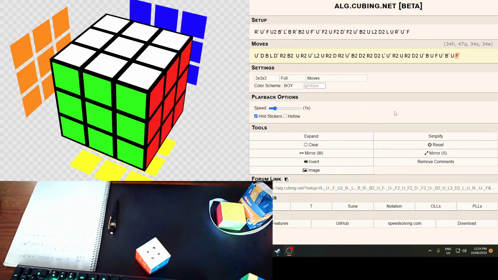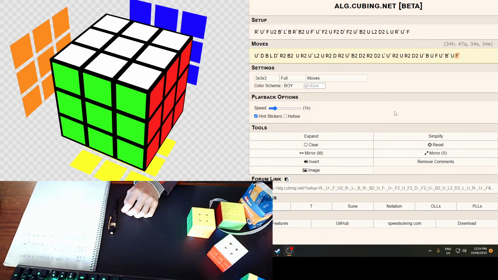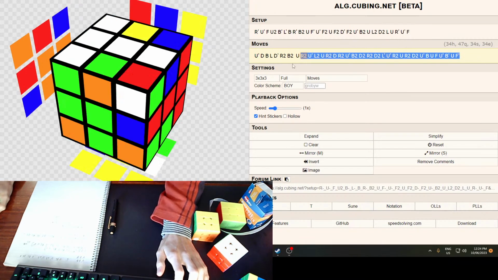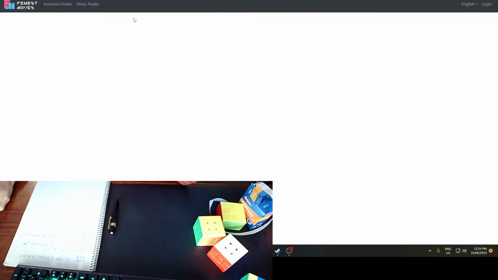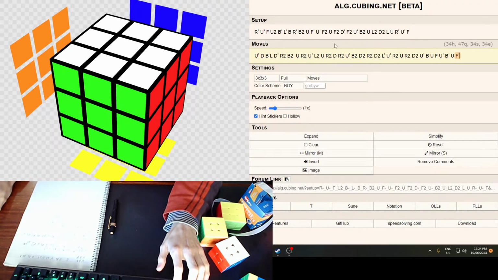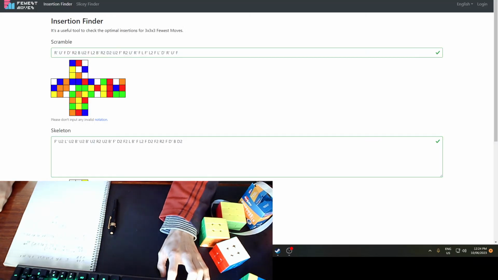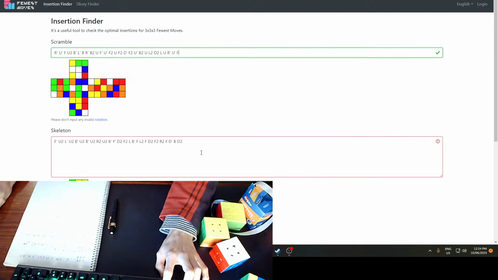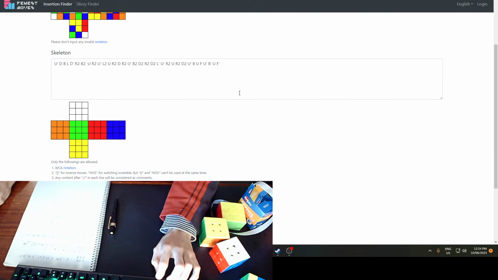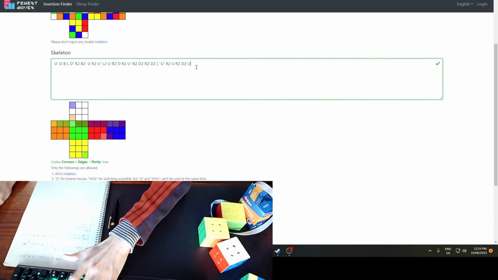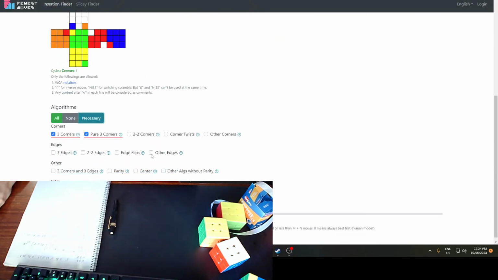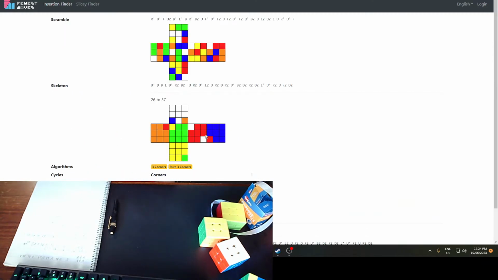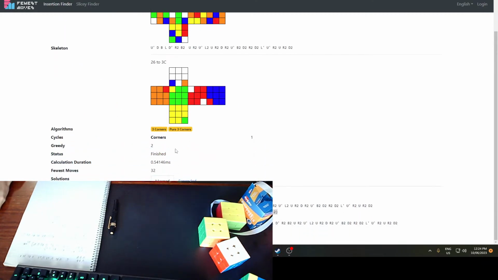However, now I grab the scramble and I grab my solution and I cut off the cycle and I ask Insertion Finder what I could have found.